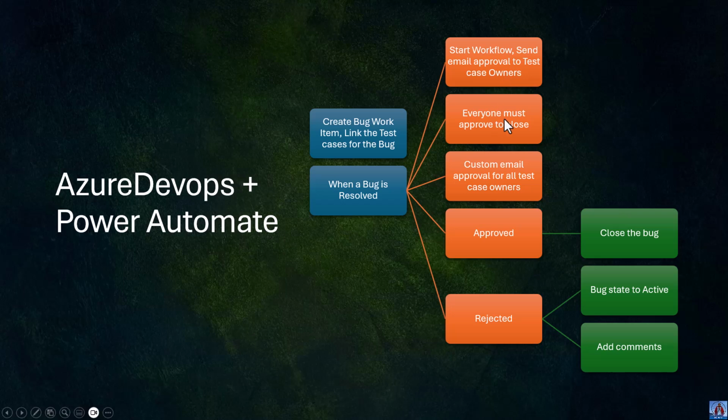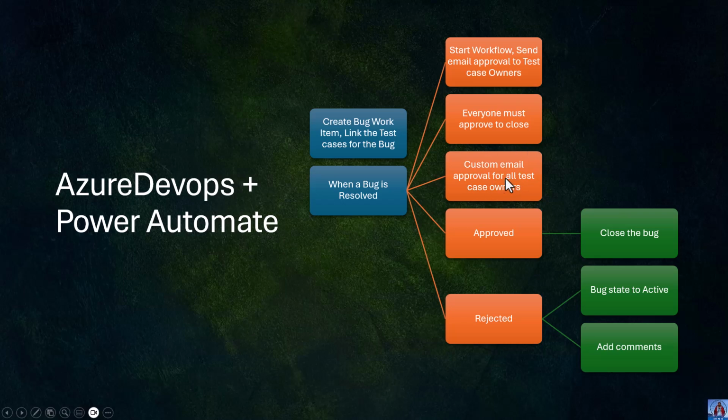We create a workflow process where everyone must approve, and for a bug to be closed, everyone from the test cases should test it and then approve it. Only then will it be closed.